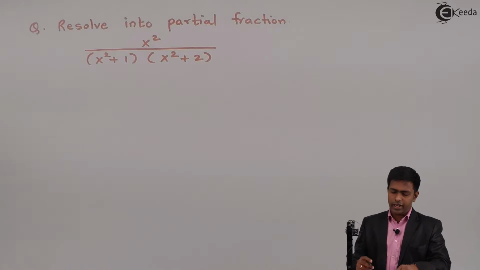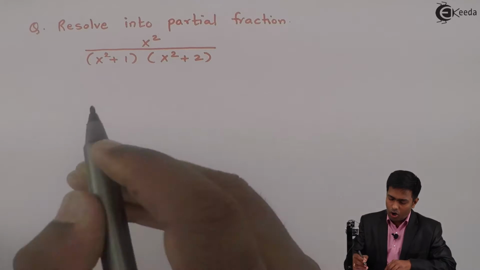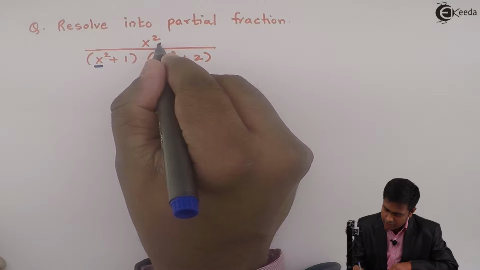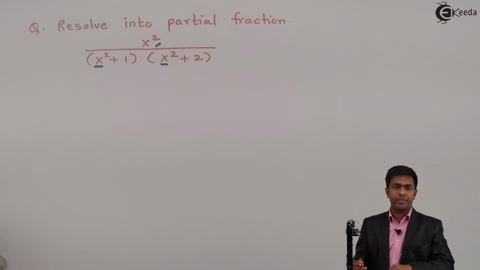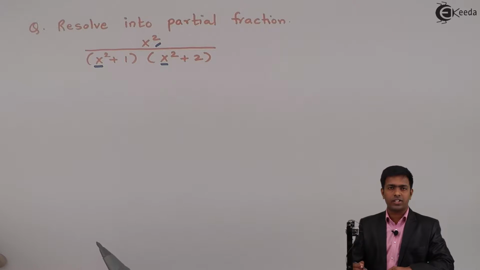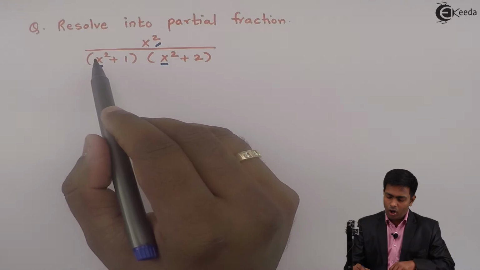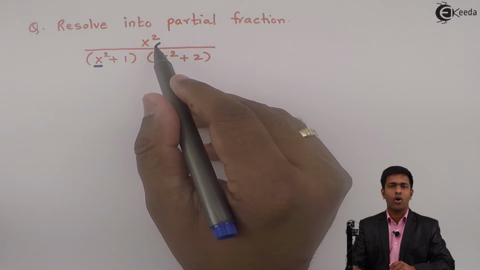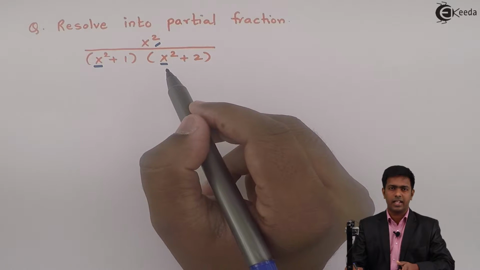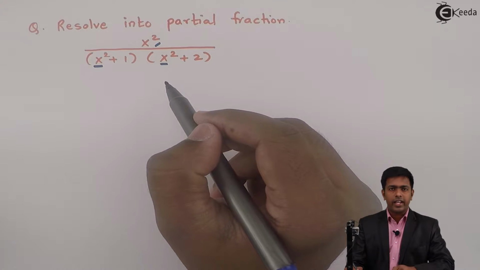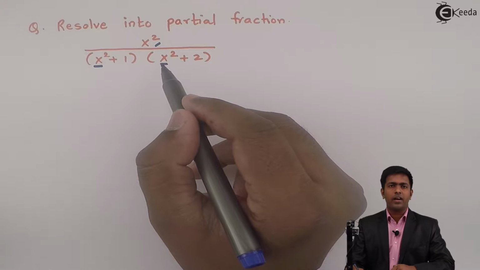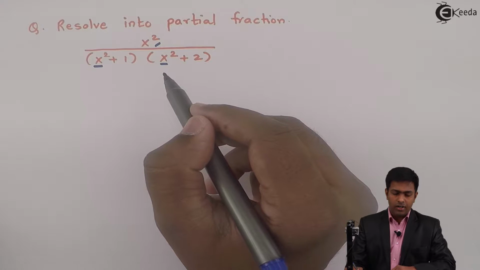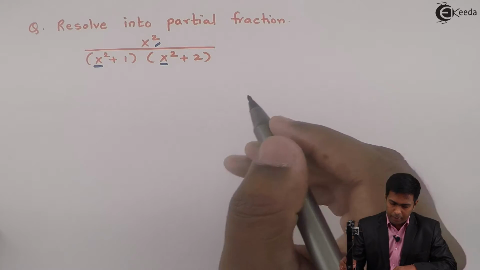But if you observe carefully, all the terms in the denominator as well as in the numerator are x square. So whenever in the fraction all the terms are similar, let's say x square or x cube or something like that, then we can substitute it by a variable, let's say t, and this method is called the distinguished method of partial fraction.